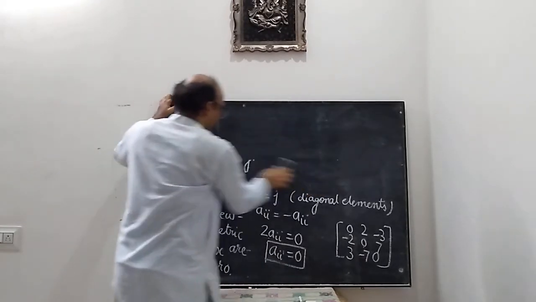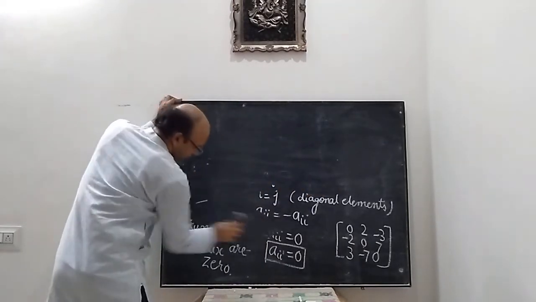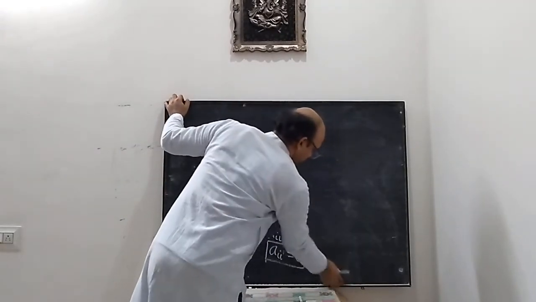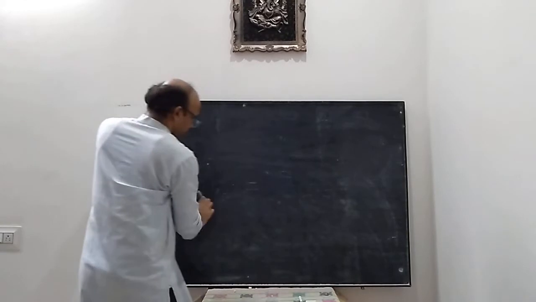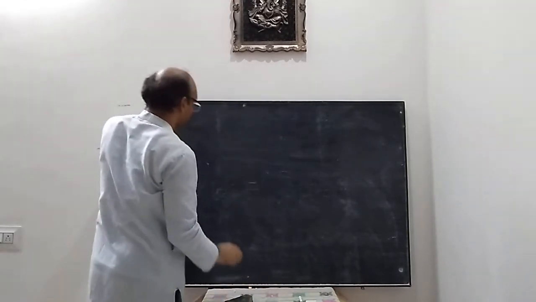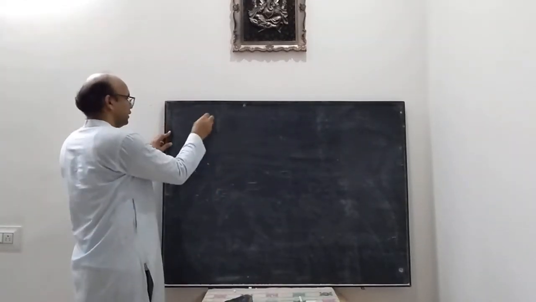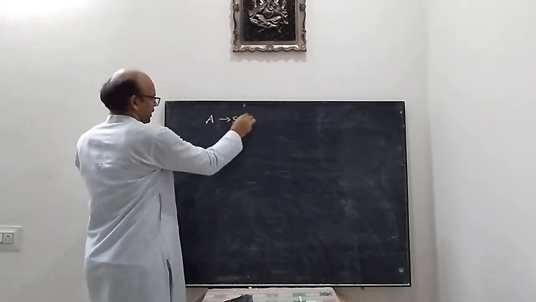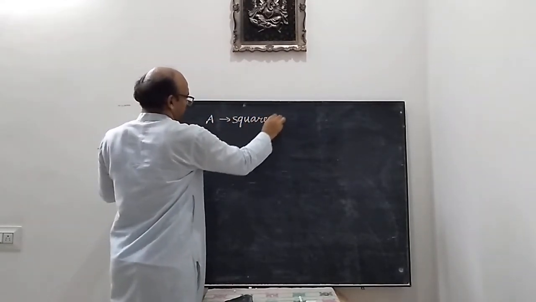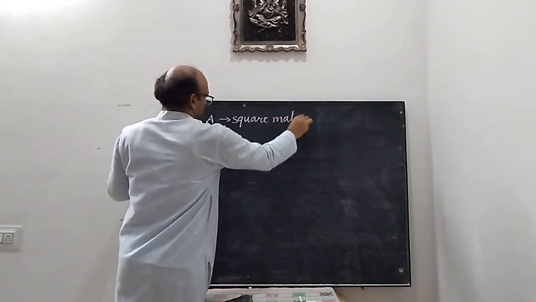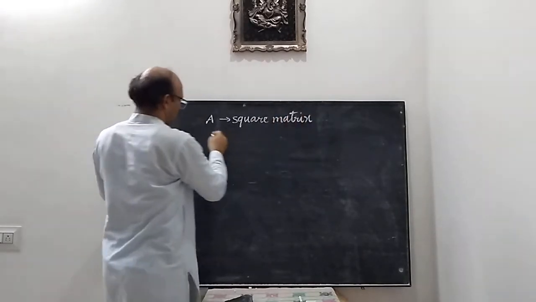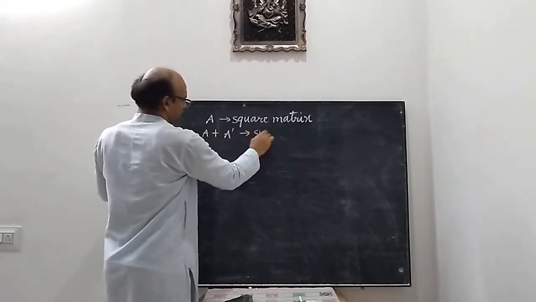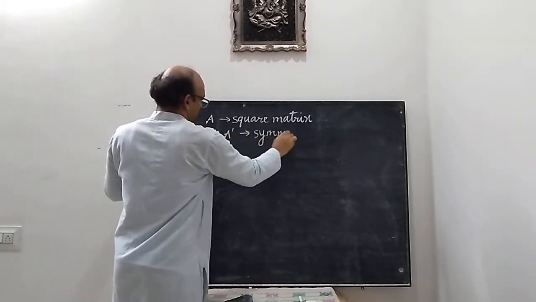Now, two important results are coming. We talk about the sum of a matrix and its transpose, and the difference. If A is a square matrix, then A plus A transpose is always a symmetric matrix.